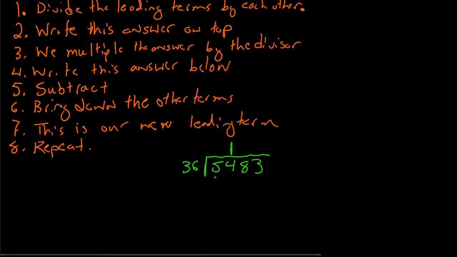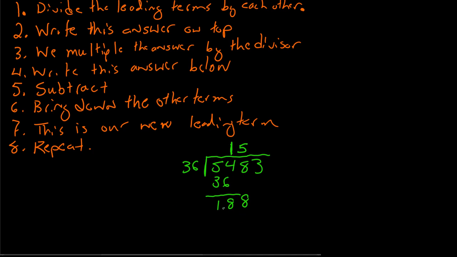And so 1 times 36, so notice I did my leading term division. I wrote my answer on top. I multiplied and wrote that below. And now I subtract. 54 minus 36 is indeed 18, and I bring down the rest of my terms. So how many times does 36 go into 188? Well, 5.